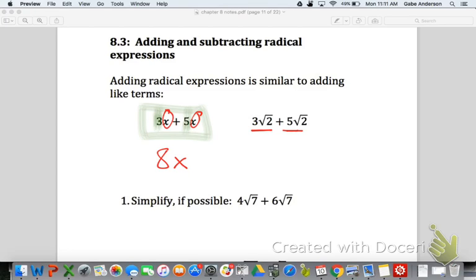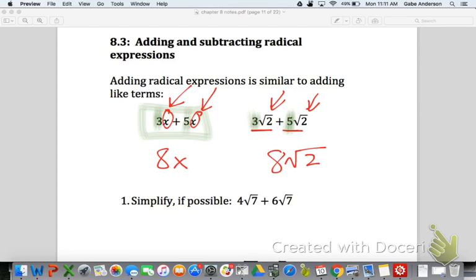If you think about what we did with like terms, didn't we take the coefficients, the 3 and the 5, and add them? 3 plus 5 is 8. And then just like we did with the x's over here, we left those x's the same. We are going to leave the root 2's the same as well. So 8 root 2 would be how you could simplify that expression.